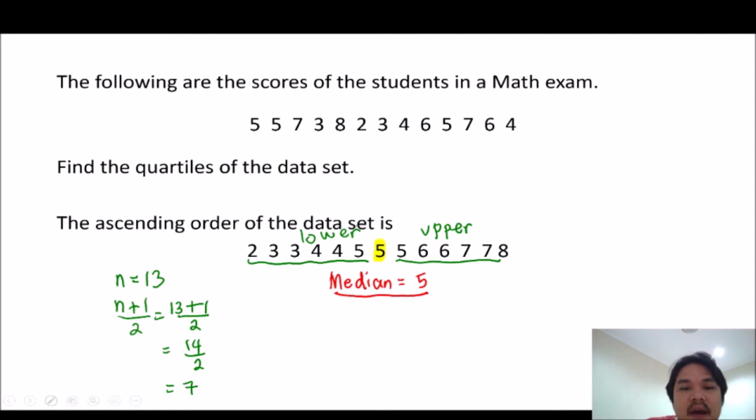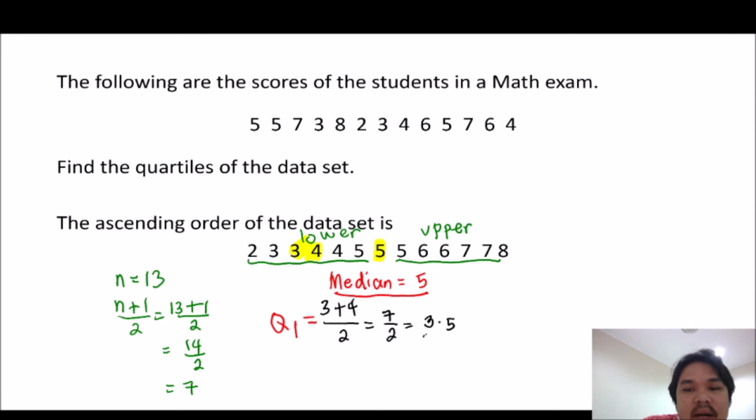To find quartile 1, we need to find the middle value of our lower half. The middle values of our lower half are 3 and 4. So to get quartile 1, we need to average 3 and 4. The average of 3 and 4 is 7 divided by 2, which is 3.5.